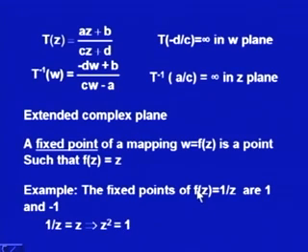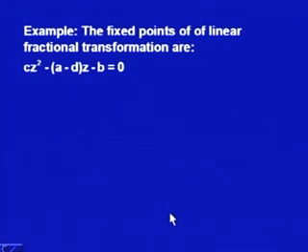How do we obtain this? You can simply write 1 upon z equal to z, then it becomes z squared equal to 1, and solving it we get z equal to 1 and z equal to minus 1.